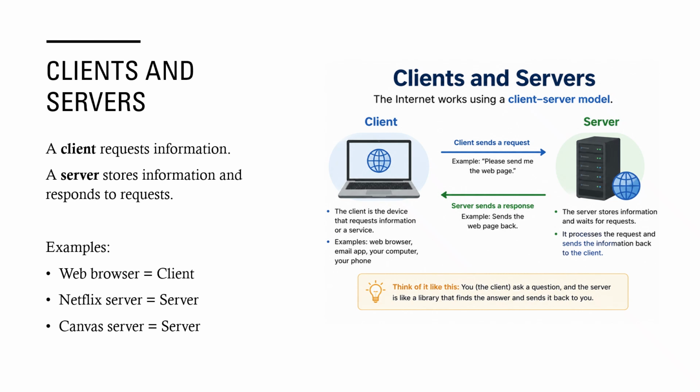A client is a computer or an application that requests information, while a server is a computer that stores information and responds to those requests. You can think of this like ordering food at a restaurant. The customer places an order, the kitchen prepares and delivers it. So the client makes the request and the server provides the response.